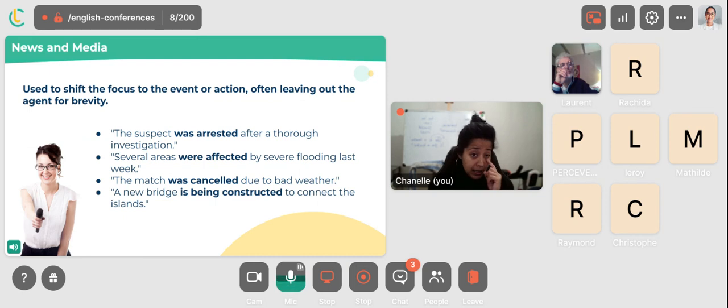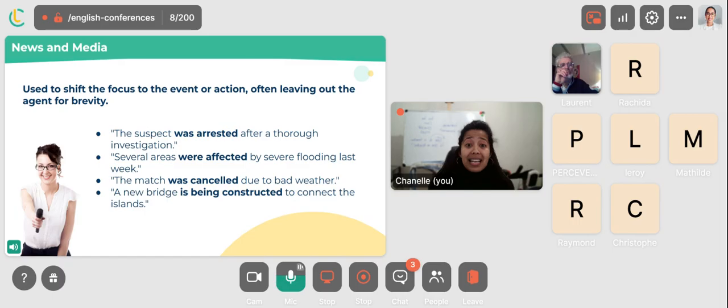We also find the use of the passive voice in news and media. It is used to shift the focus to the event or the action, often leaving out the agent for brevity.